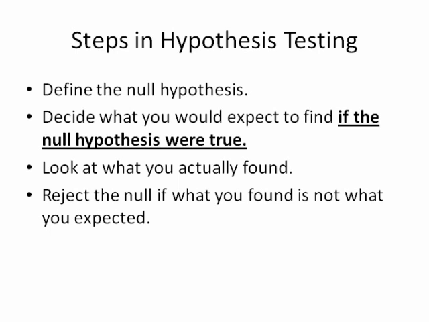Then you decide what you would expect to find if the null hypothesis were true. Then we actually look at what we found. We look at the data. We look at the numbers, and then we make some determination based on the data. We either reject the null if what we found is not what we expected, or we fail to reject the null if what we found is what we expected.